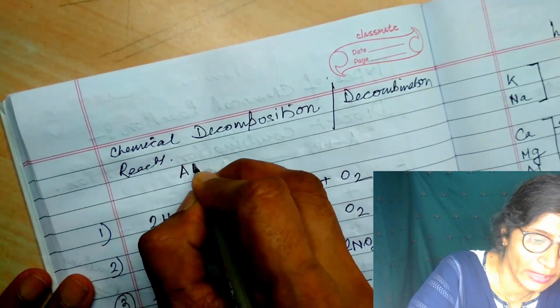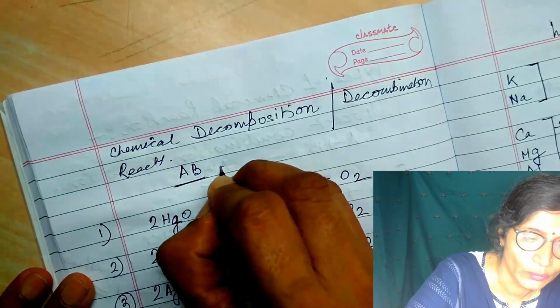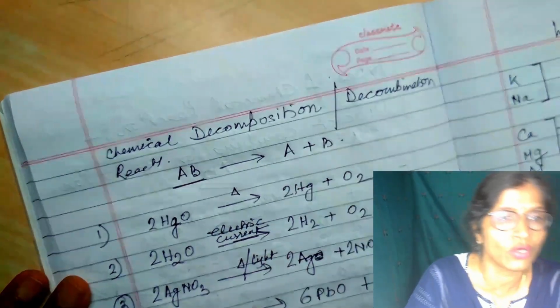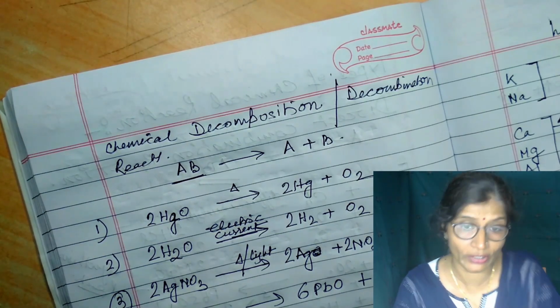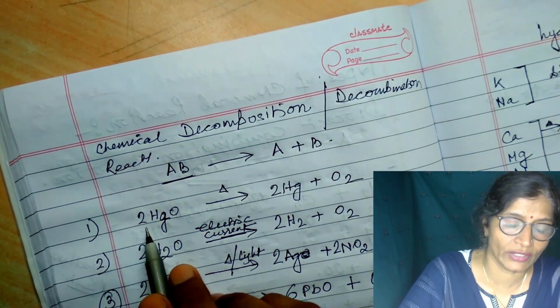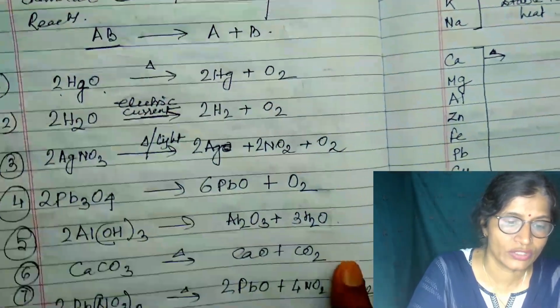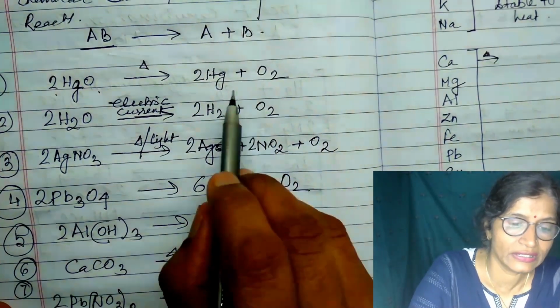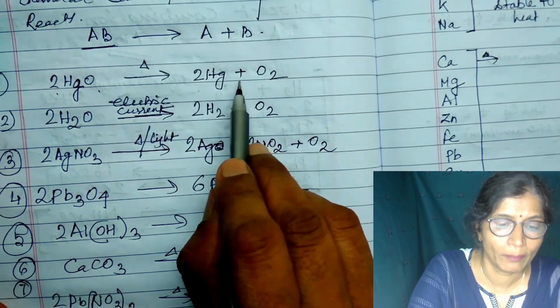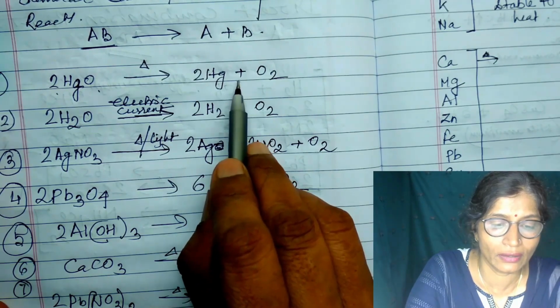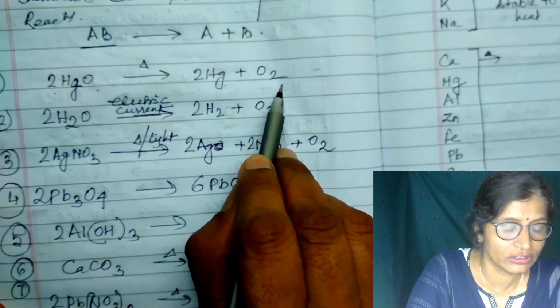Here AB, a compound, will give you either two elements or two compounds or more than two products. An example is when mercuric oxide, which is red in color, is heated, it will give mercury, which is silvery in appearance, plus oxygen gas.